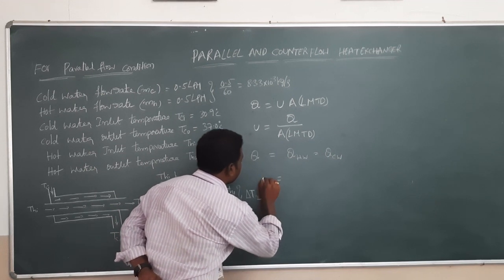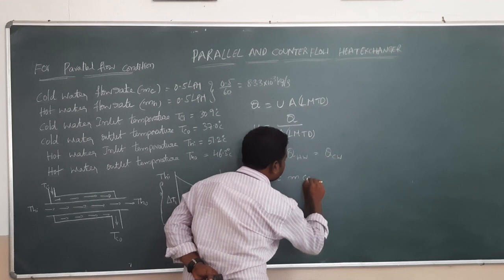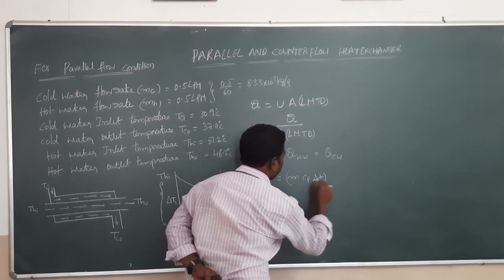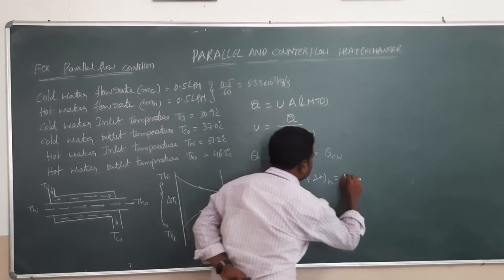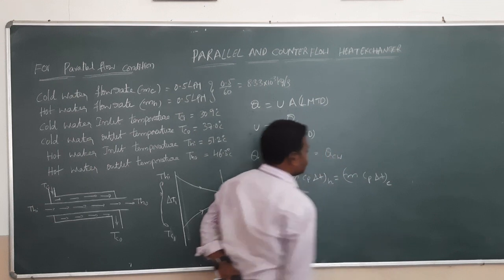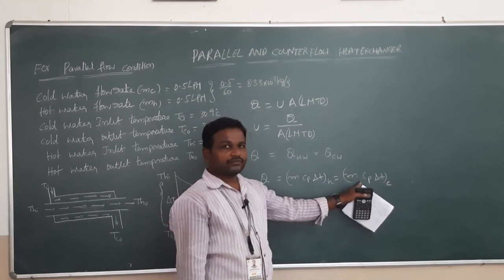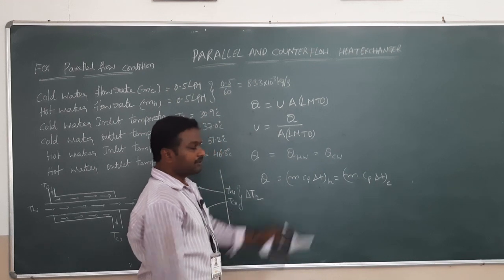I am rewriting this equation: m Cp delta T of hot water equals m Cp delta T of cold water. Calculate the Q value by using this equation or this equation. Here I am using this equation.